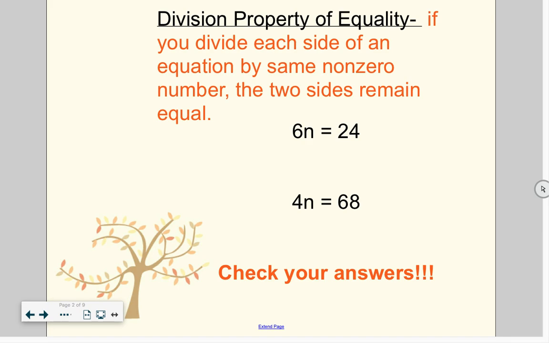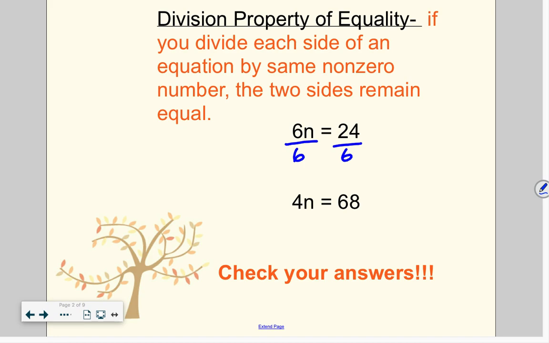So look at 6n equals 24. What is the opposite of multiplying times 6? Divide by 6. Now, since you came in, we have shown division with a fraction line, correct? So in your notes, I want you to show me divided by 6 on each side using a fraction line. Divide both sides of that equation by 6.